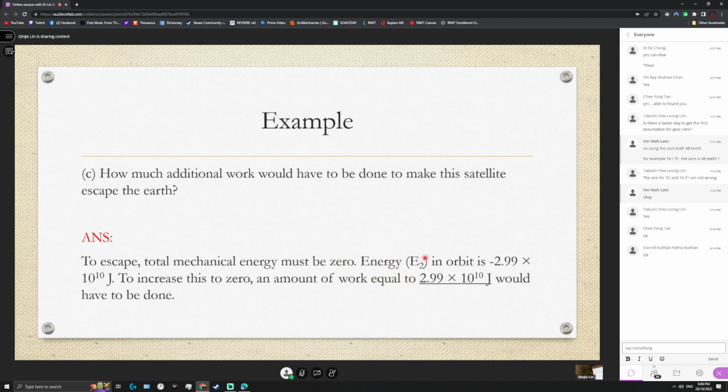Just now we found that at E2, which is in orbit, this is the energy involved. So now we want to move from minus 2.99 times 10 to the power of 10 and increase this value to 0. What amount of work will be needed? It will be this amount. You need to supply 2.99 times 10 to the power of 10 energy to move it to a point where Earth will never be able to bring it back.